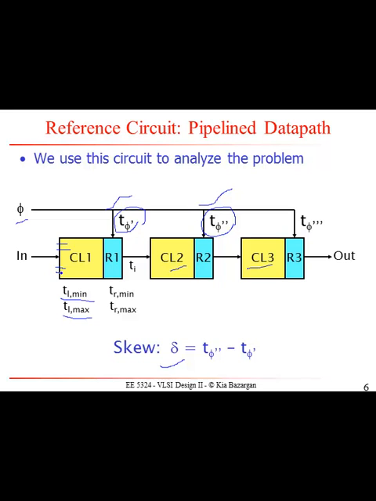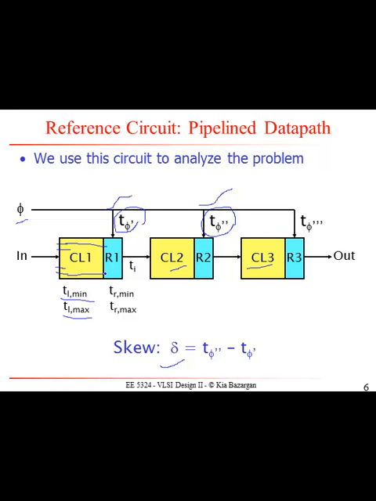If you have a bunch of gates in the adder, the least significant digits are going to arrive faster, right? So your sum signal S0 is going to arrive at the input of register 1 faster compared to your most significant digit, which is going to arrive later. So think of this TL min, TL max as the least significant and most significant bits in an adder.